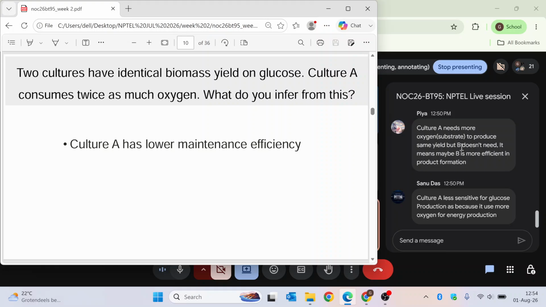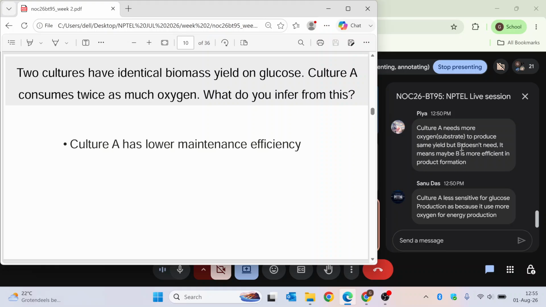Here I have mentioned maintenance energy explicitly because that's a very common thing we can think of, and it also depends on the conditions in which we culture the bacteria. Maybe in the conditions that we culture they might be identical, but culture B can be more adaptive towards the environment than A is. So in that case A will require a higher maintenance energy.